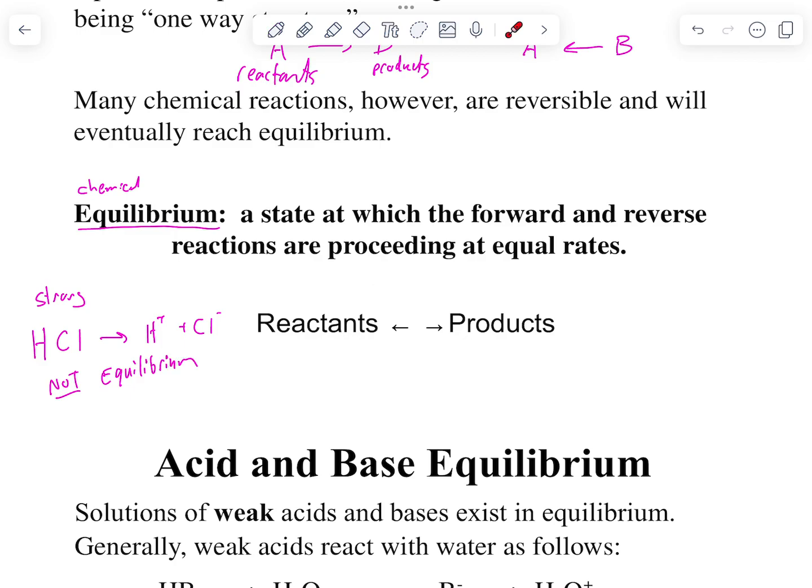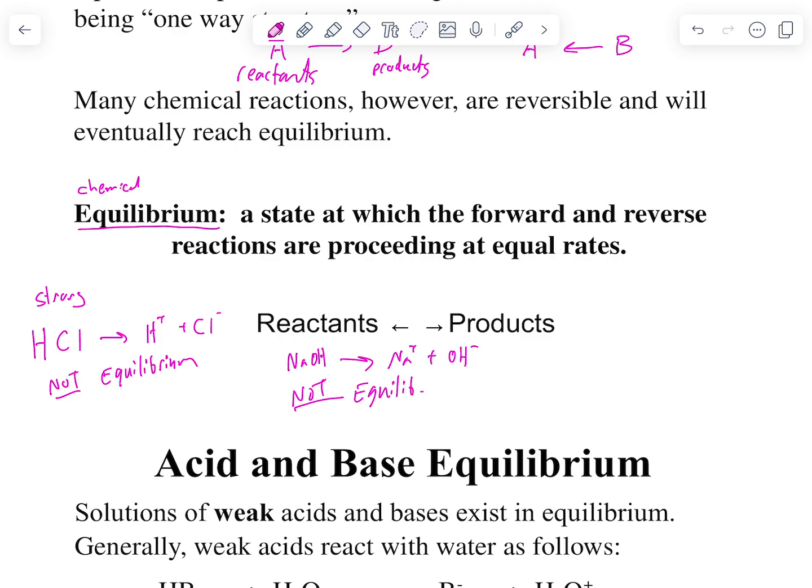The reason why it's not equilibrium is because the H plus and the Cl minus cannot recombine in aqueous solution to form HCl. This is a one-way reaction. So one-way reactions do not establish equilibrium. Same thing goes for strong bases. Something like NaOH dissolving to form Na plus and OH minus. This is also not equilibrium.